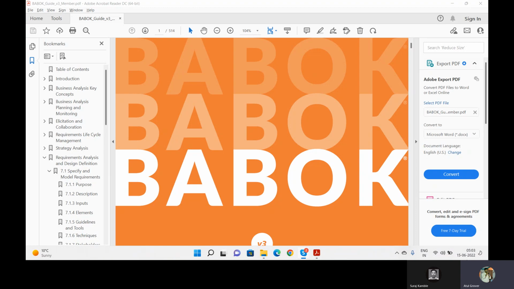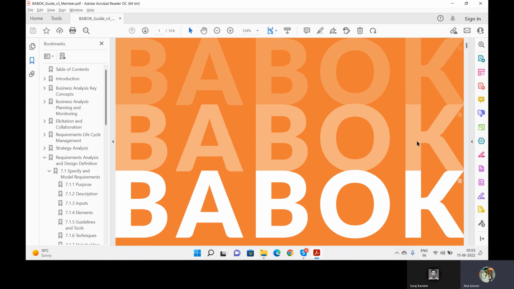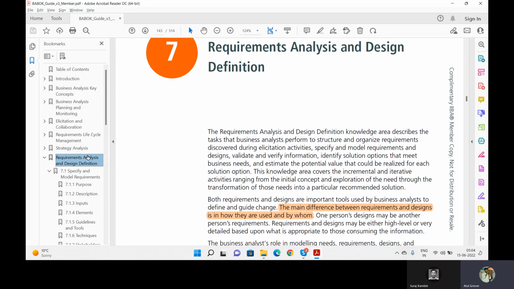Now the next topic we are going to discuss is specifying requirement analysis and design definition. In short, it says: the information, the requirements, the needs which you gathered in the requirement elicitation step, it's time to structure them.